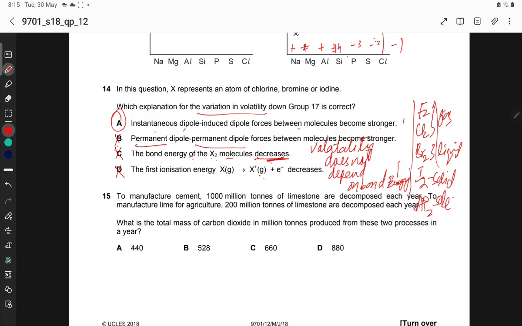Volatility only depends on the strength of forces, and option A correctly explains the variation in volatility down the group, so A is correct.